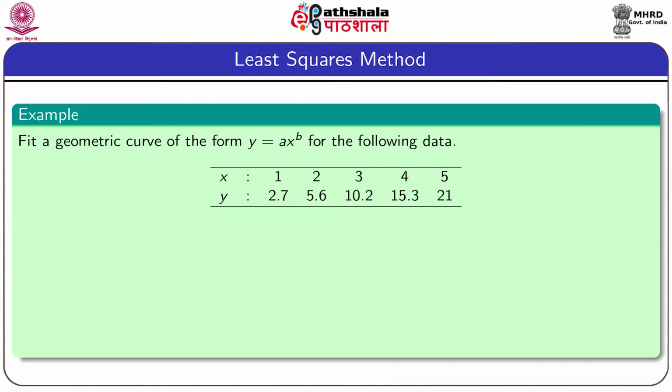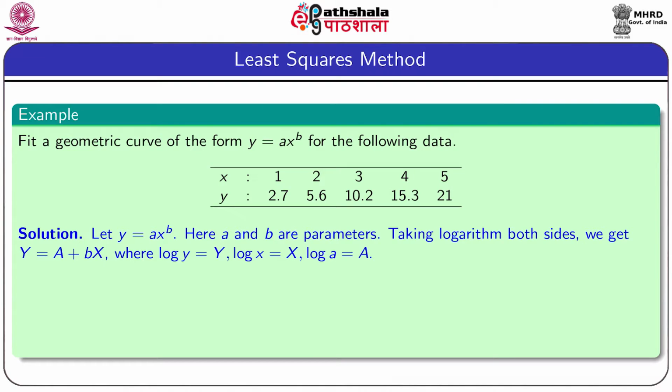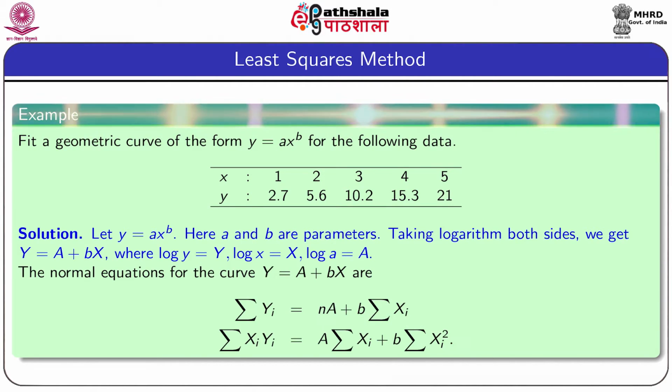Now we consider an example to fit a geometric curve of the form y equal to a into x to the power b from the following data. Let y equal to a into x to the power b be the geometric curve, and a and b are the parameters. By taking logarithm on both sides, we get capital Y equal to capital A plus small bX, where log y equal to capital Y, log x equal to capital X, and log a equal to capital A, as discussed in the previous slide.